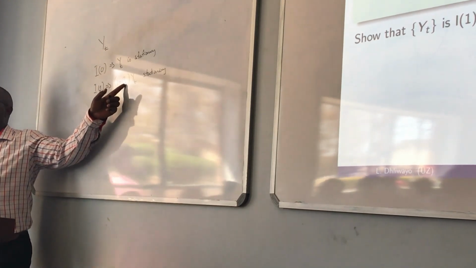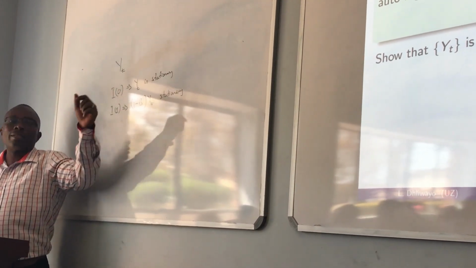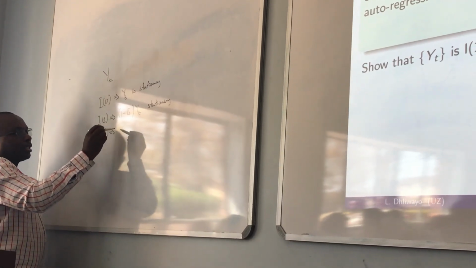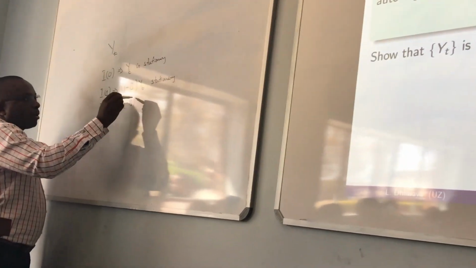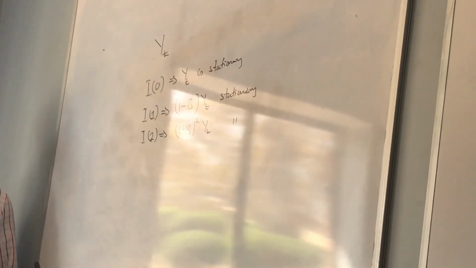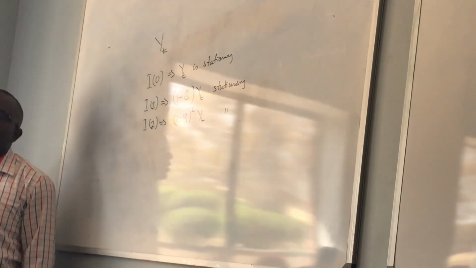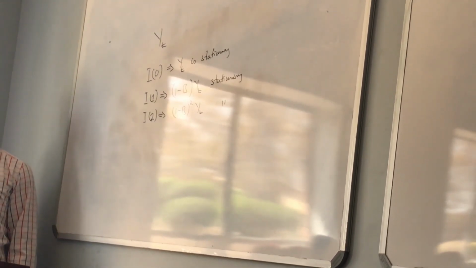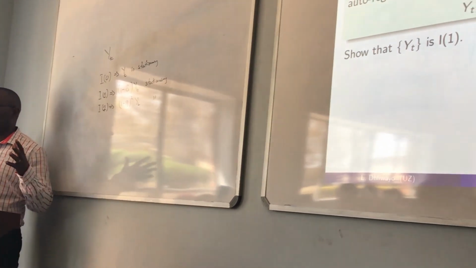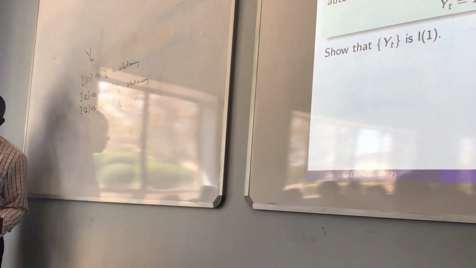You still remember B, the backward shift operator. So you're differencing this once, then it becomes stationary. Then I(2). What does it imply? (1 minus B) to the power of 2 Yt. It's now stationary. Then we can have I(3), that means (1 minus B) to the power of 3. I hope I'm not assuming things that you don't know. You still remember this? Backward shift operator and so on.